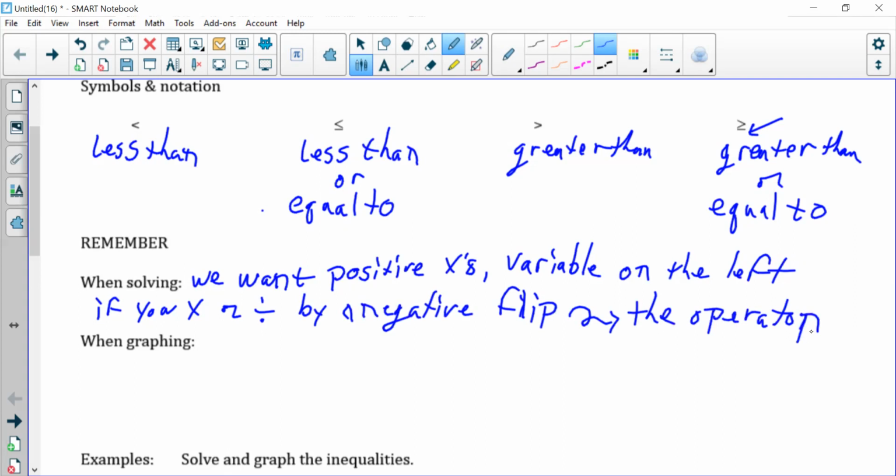Okay, the operator, those are these signs right up here, these symbols. Mathematically, these are called relational operators. So if you're solving an inequality and you multiply or divide by a negative number, you're going to flip that operator.